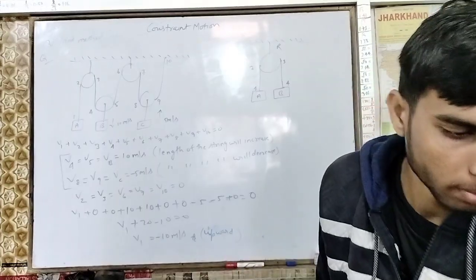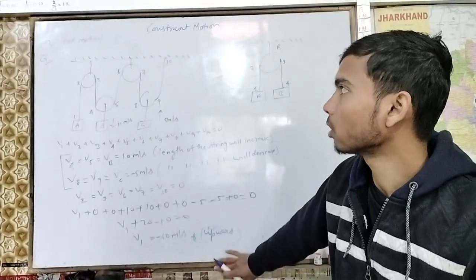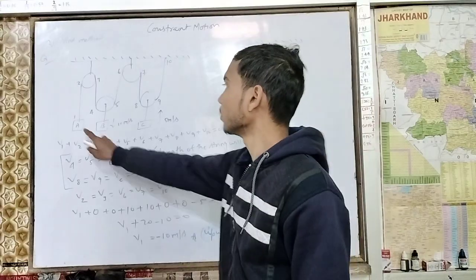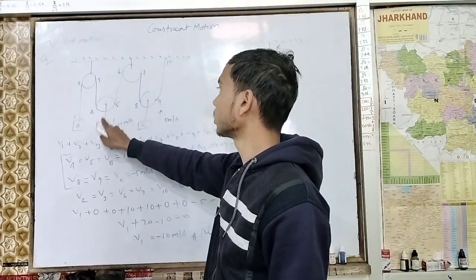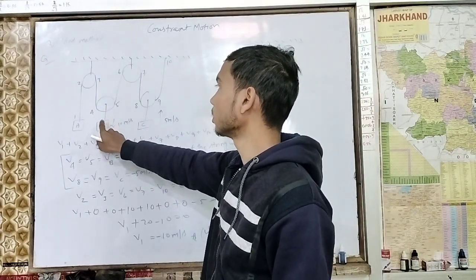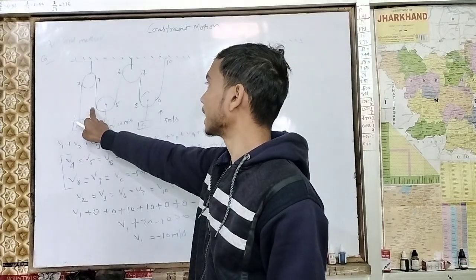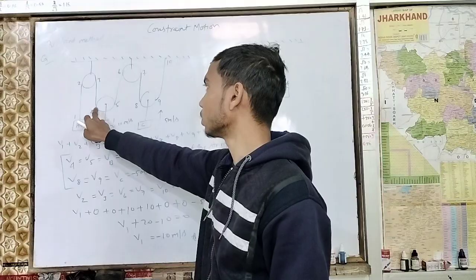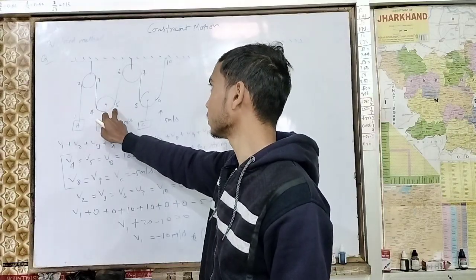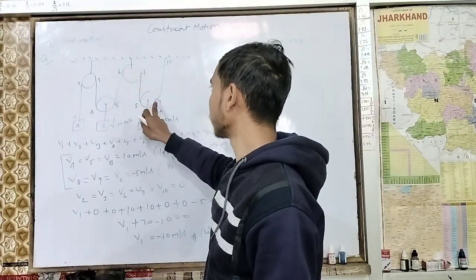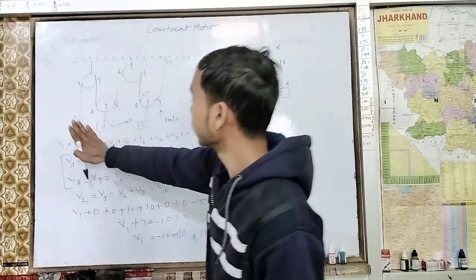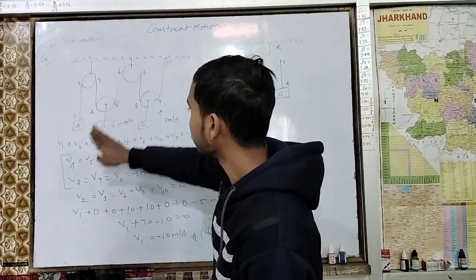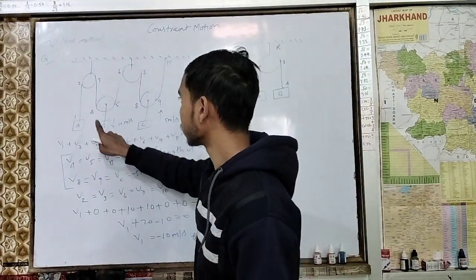What did we do? Just we found all the points. V1, V2, V3, V4. Don't take over here because it has been taken as point 4, VB. Okay, that's right. Don't take again. So V4, V5, V6, V7, V8, V9, V10, and we know that sum of all the velocities will be equal to 0. Now see over here.